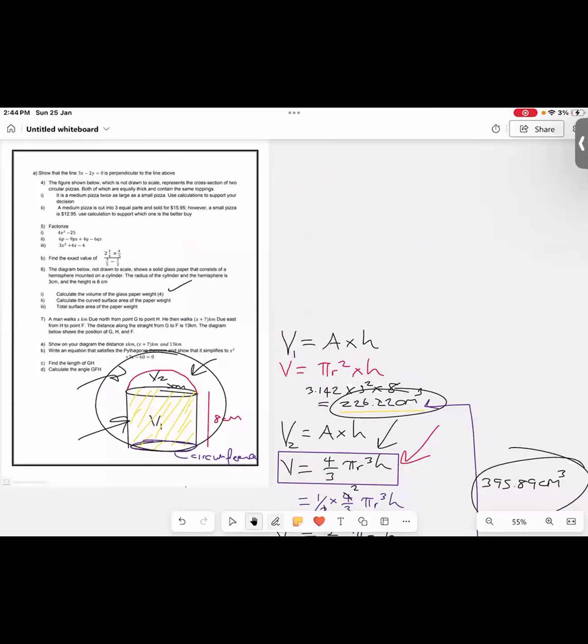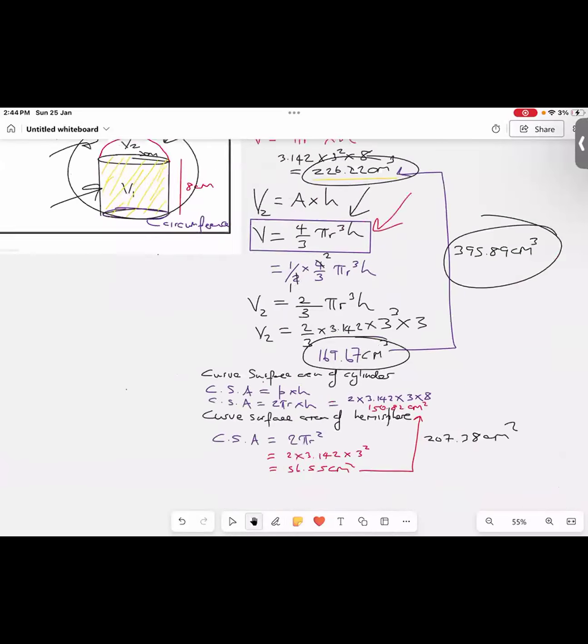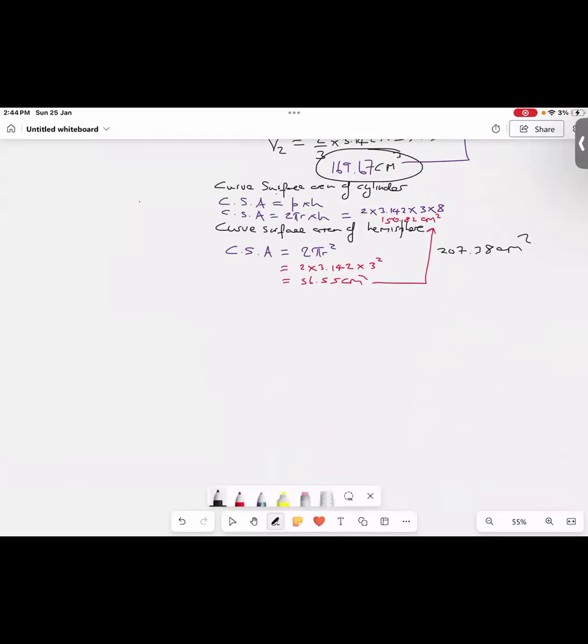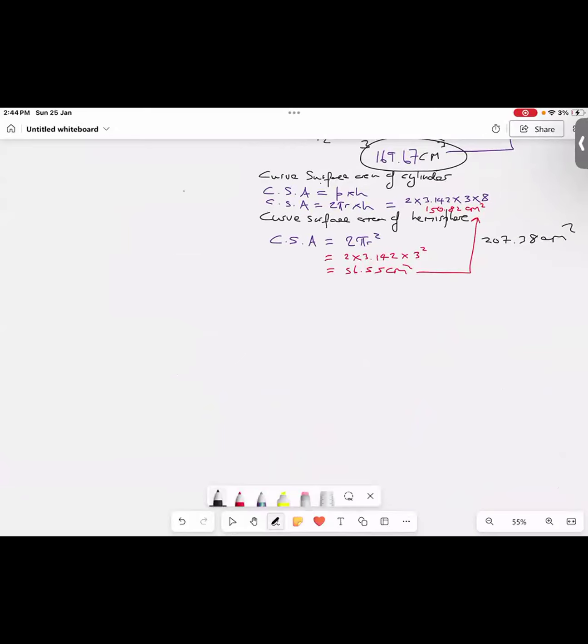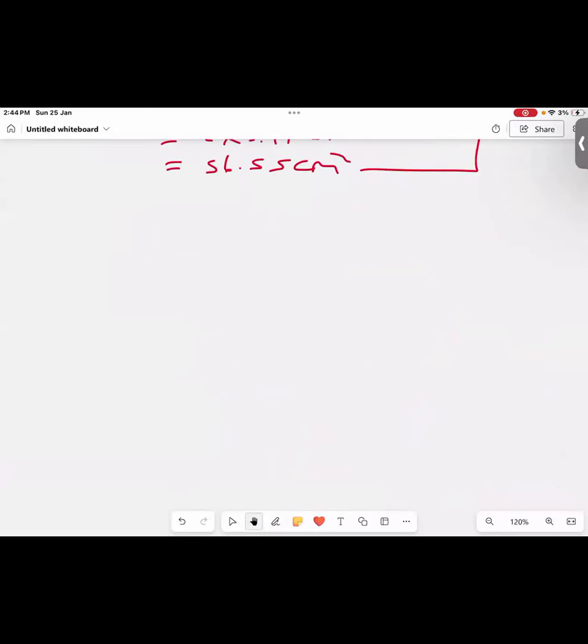Now we're going to look at finding the total surface area of the paperweight. So again, you're going to have to find this in parts, right? Let me just zoom this up a little bit for you here. So again, we have to find two total surface areas.